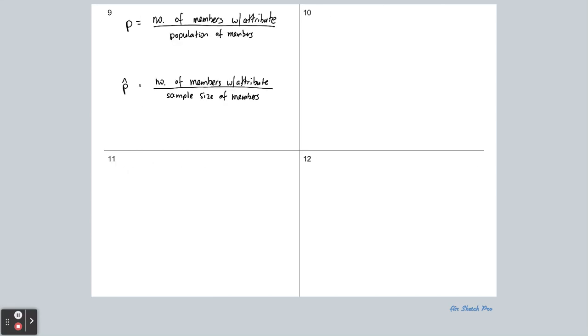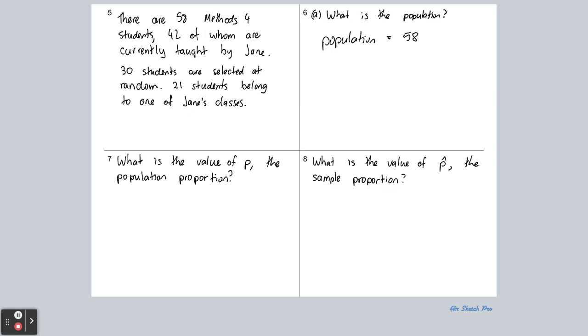So again, the population proportion is the number of members with the attribute over the population of members. So P is equal to, well, we've got 58 methods students, so that's 58 on the bottom, that's the full population, and 42 of whom are currently taught by Jane, and so the fraction is 42 over 58.